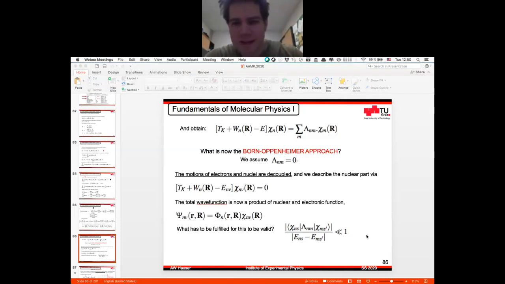On slide 86, you can see here a coupling element, an estimation for when the Born-Oppenheimer approach is valid and when not. What has to be fulfilled for it to be valid? And here you can see an estimate. You can see the coupling element that couples the two electronic states or the two vibrational states in these two different electronic states compared to the energy difference of the electronic states.